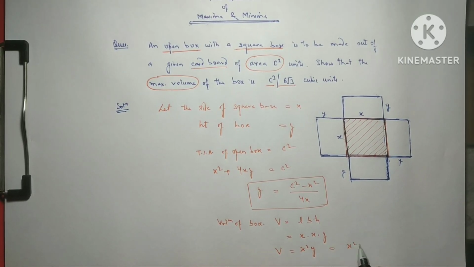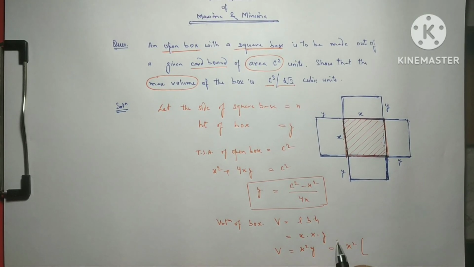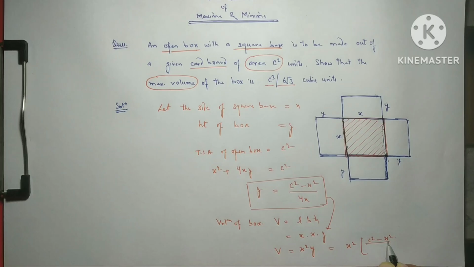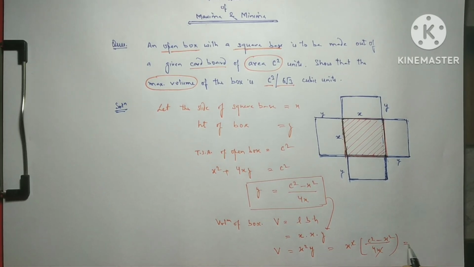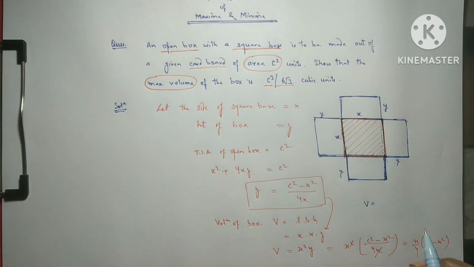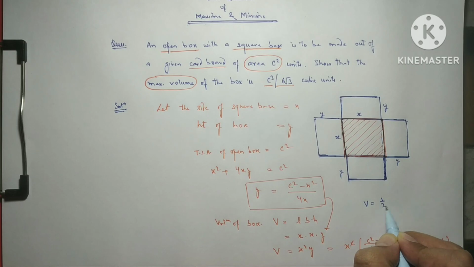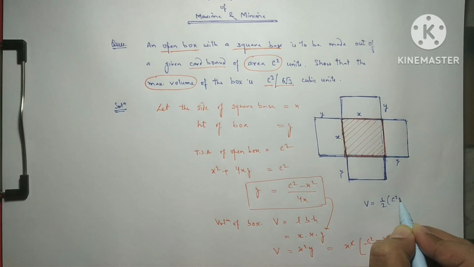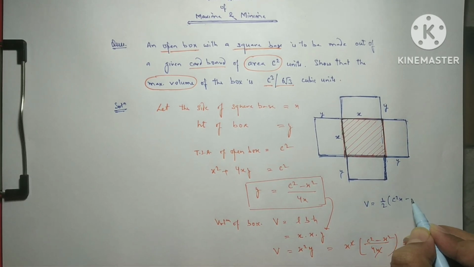Means x square into, we place this value in this expression, c square minus x square over 4x. So cancel this out. We get x into c square minus x square by 4, that is 1 over 4 c square x minus x cube.